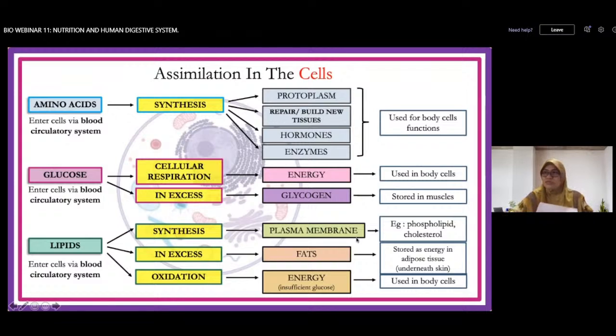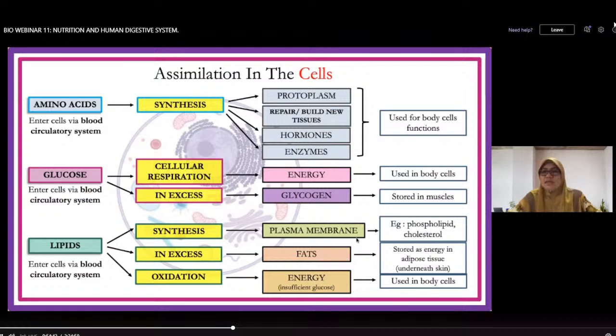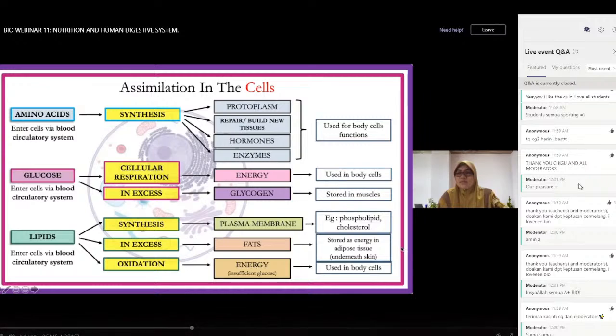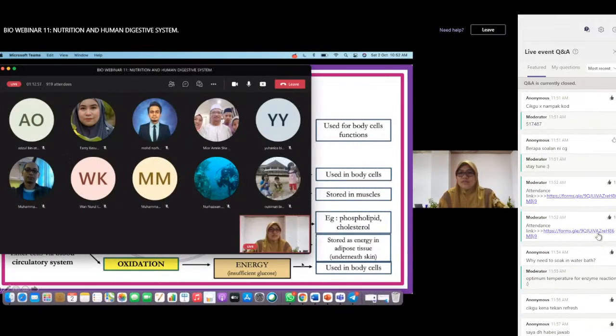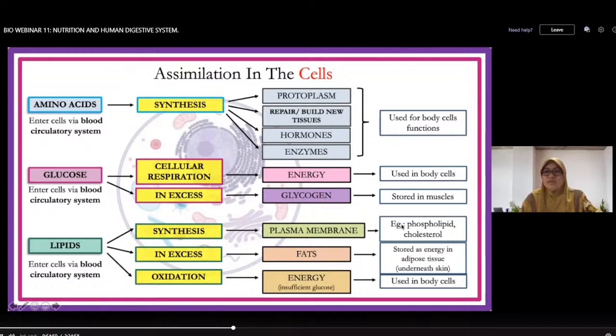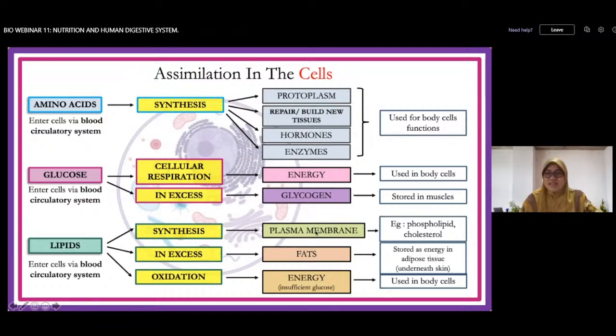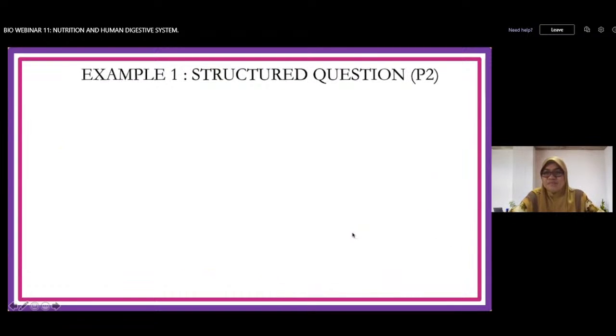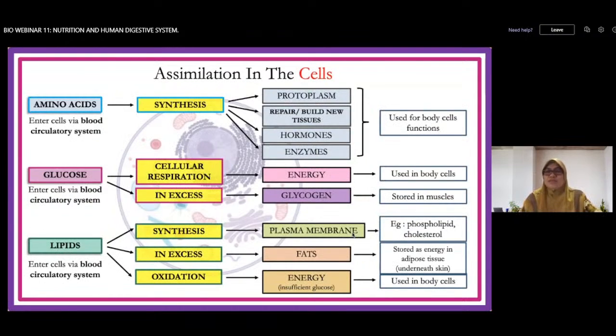Okay, fosfolipid, plasma membrane, sorry. Okay, contoh plasma membrane apa dia? Dia punya fosfolipid dan juga kolesterol kan yang membentuk plasma membrane tu.